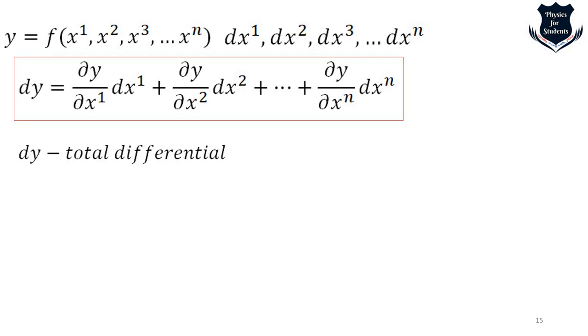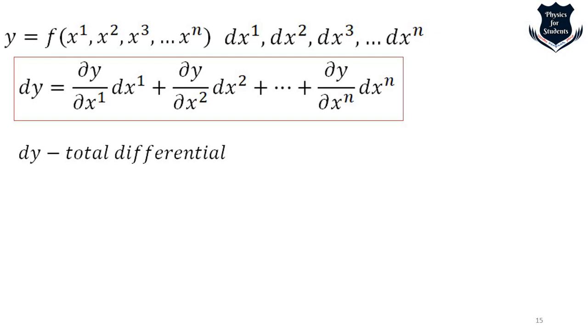It is called the total differential of y. Now the formula actually expresses the fact that the total incremental change in y equals the sum of the sensitivities, that means the sensitive parts with respect to the independent variables, multiplied by the respective incremental changes in those variables.